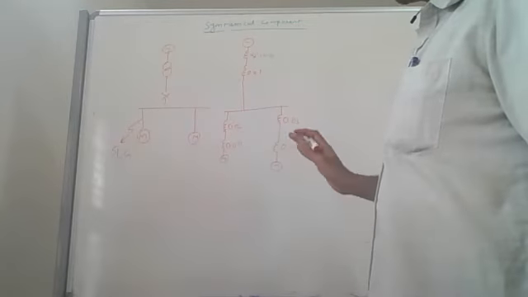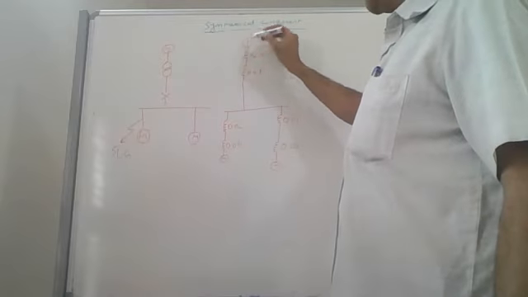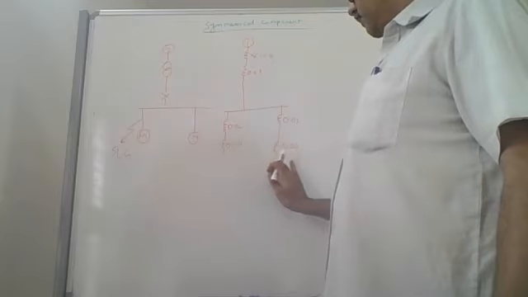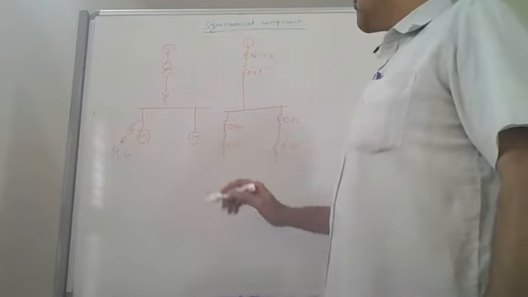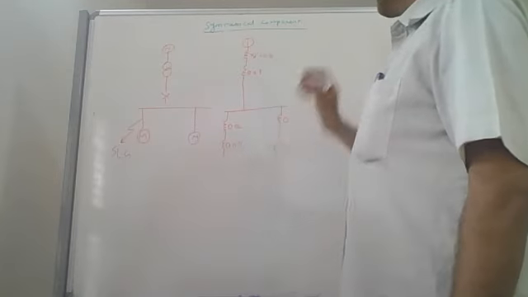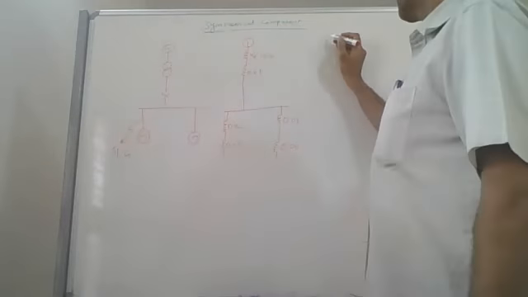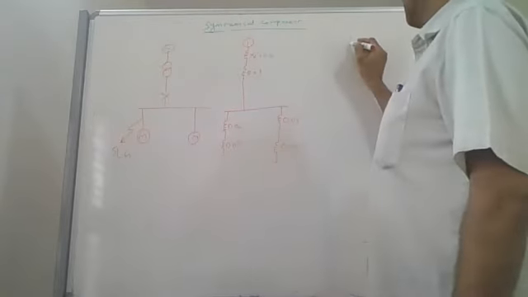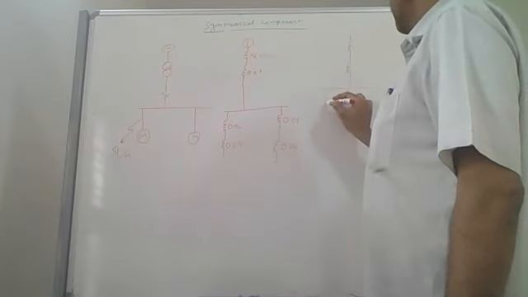Now, to get the positive sequence impedance, you make the positive sequence network. Motor, okay, leave this. Now, this is the positive sequence network. Now, to draw the negative sequence network, I will draw the negative sequence impedances here in the same way.